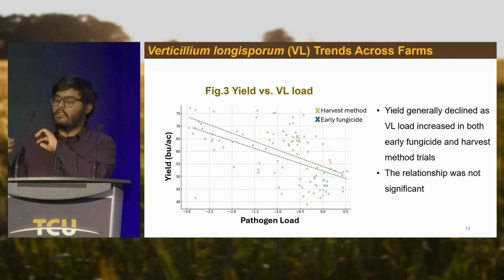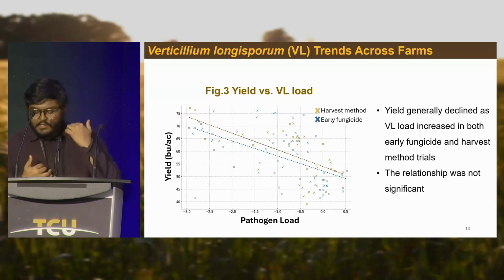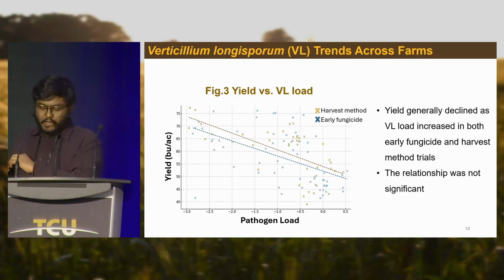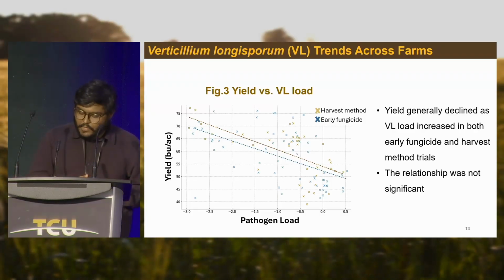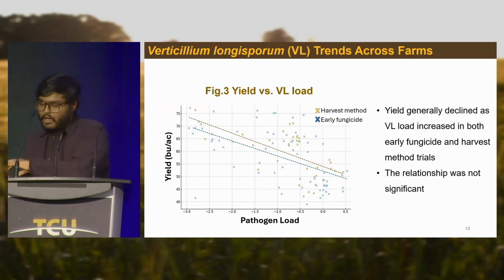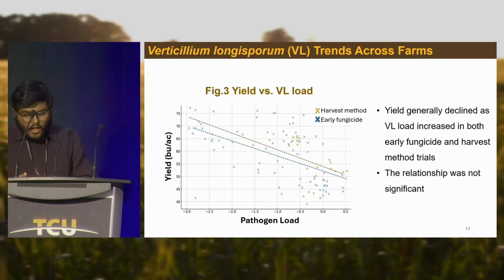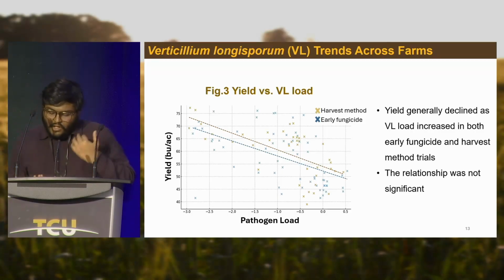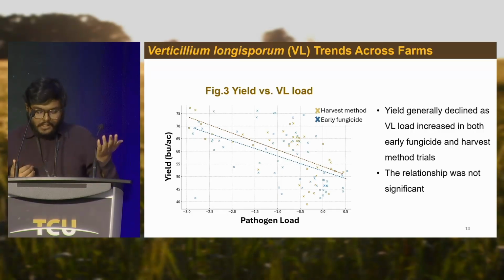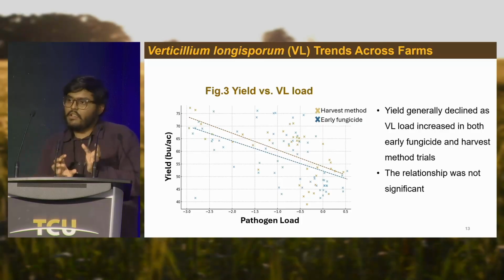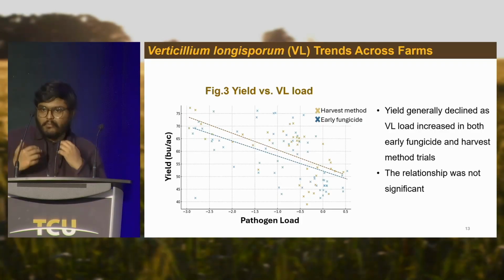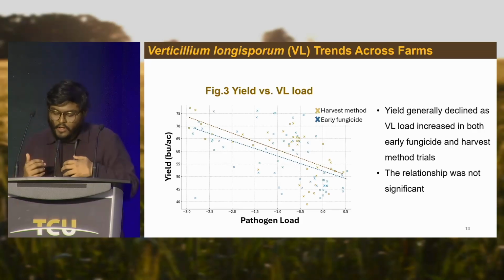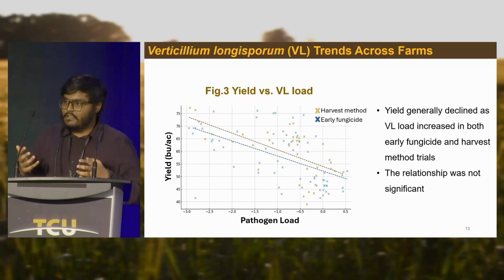Here we are looking at how verticillium levels at harvest lined up with yield. Across farms, whether they were part of the harvest management trials or the early season fungicide trials, we saw the general pattern. As verticillium load increased, we were able to see the yield actually decrease, but the relationship wasn't statistically strong.